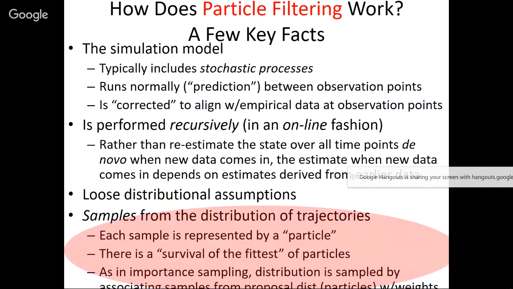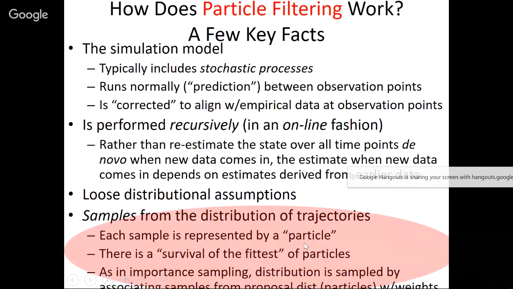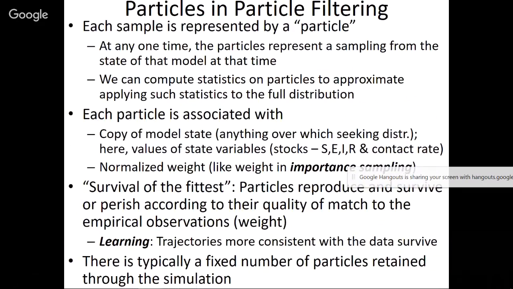So here, each particle is associated with a weight and represents potentially more or potentially fewer samples from the underlying population. So not all particles are the same. Some are highly weighted, meaning they have particular strength to that hypothesis, and some are weighted less, meaning the hypothesis is roughly speaking less likely.